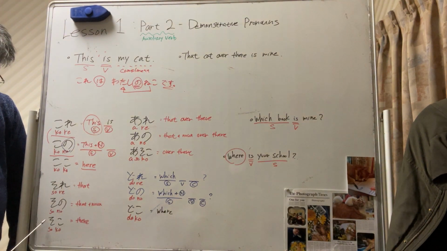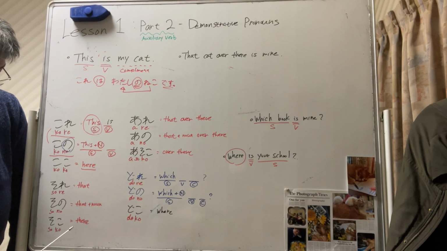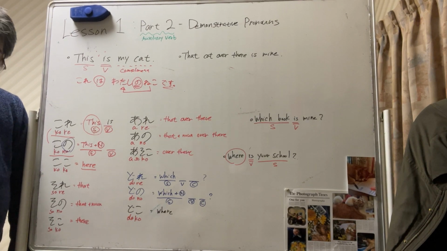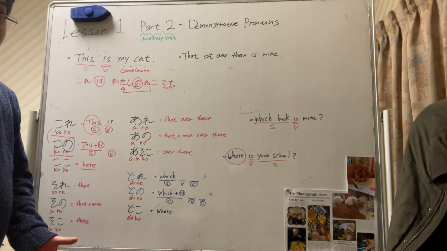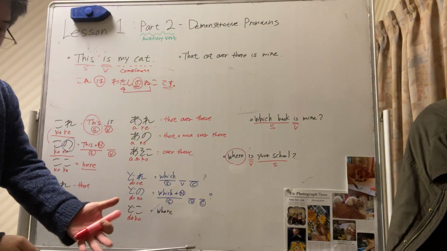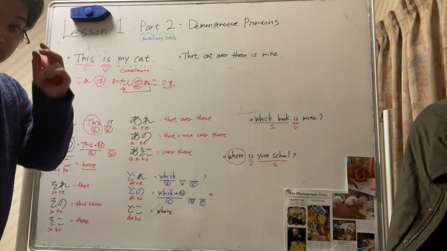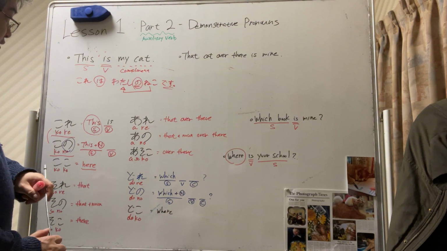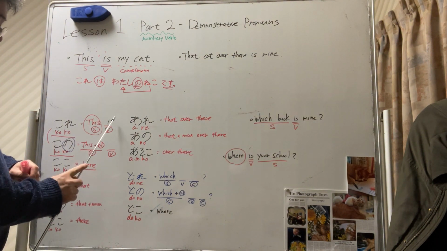So ko will make it there, and that means a place that is closer to the speaker. Oh no, sorry, the place that is closer to the listener. And the same thing applies here.